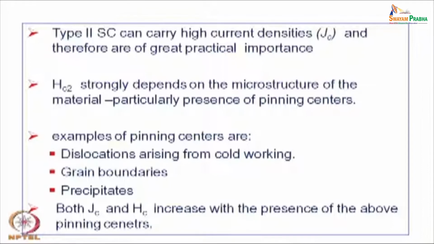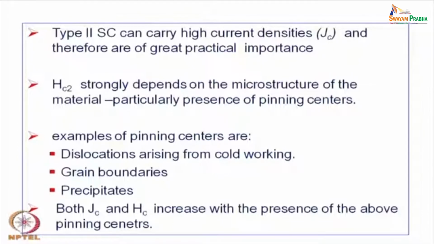Similarly, you have a large number of grains. In between the grains you have grain boundaries. Those grain boundaries can also act as pinning centers. It helps in pinning the lines of force, and therefore the penetration becomes difficult.